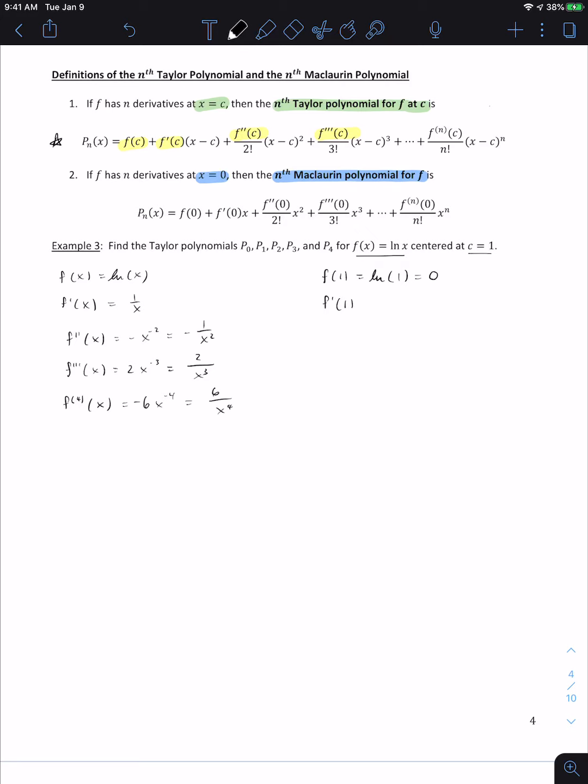F prime at 1 is going to be 1 over 1, plugging in 1 into my first derivative, and I end up with positive 1. F double prime at 1 is going to be negative 1 over 1 squared, in other words, negative 1. F triple prime at 1 is going to be 2 over 1 cubed, or just 2. And the fourth derivative at 1 is going to be 6 over 1 to the fourth, or just 6.